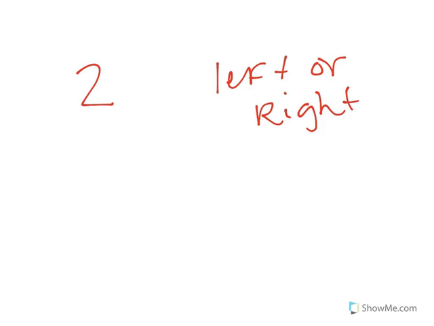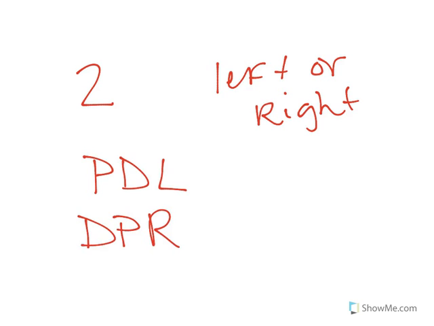A lot of times I like to tell my students PDL, DPR. Percent to decimal, you move to the left. Decimal to percent, you move to the right. So you can think about that acronym. Or you can think of the decimal point as coming at the beginning of the number, and a percent sign coming at the end of the number.